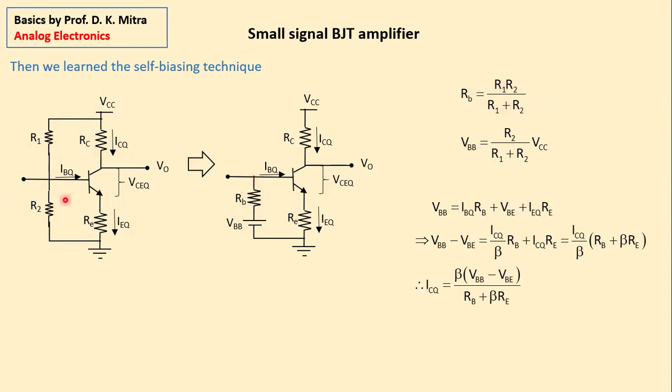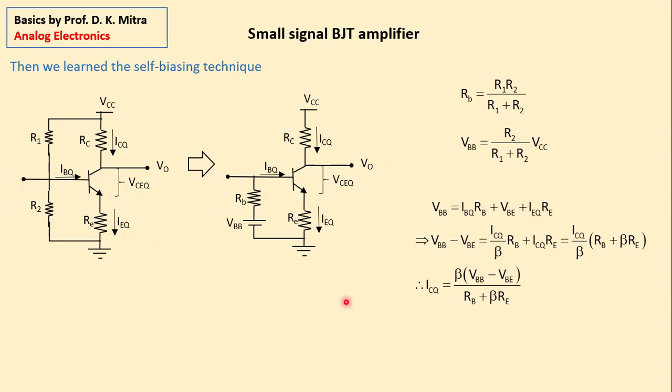That means this RB, in this equivalent resistance RB, is these two resistors in parallel. And VB, that means potential here, VBB, is of course equal to VCC divided by R1 plus R2 multiplied by R2, that is the potential here.